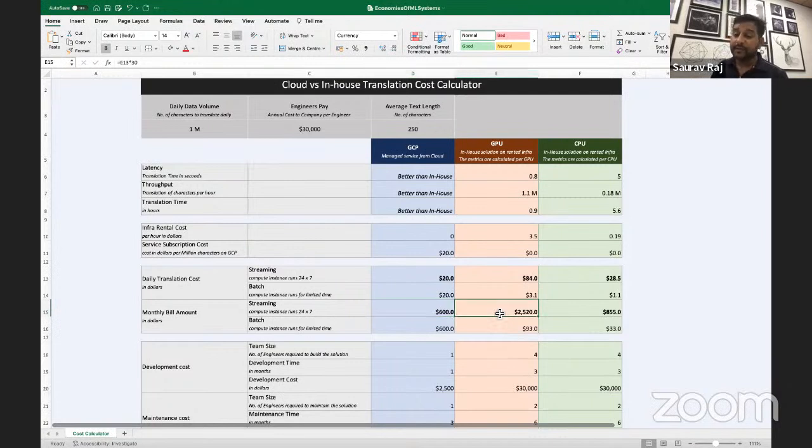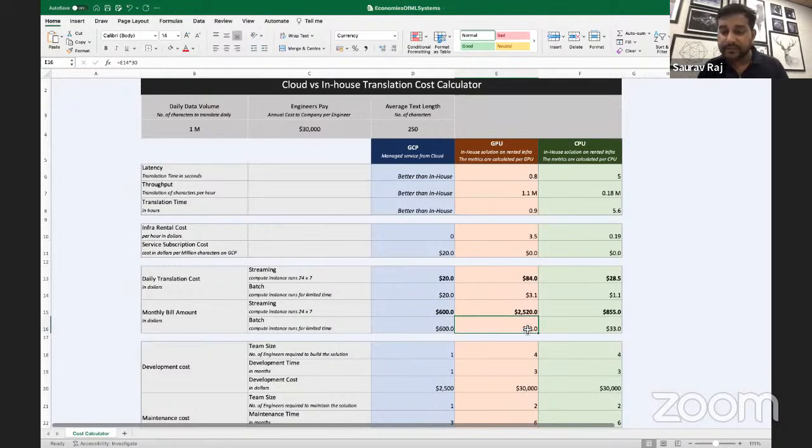It is going to be $2,500 for the solution that is developed in-house, running on GPU machines, and approximately $850 when the same solution developed in-house is running on CPU infrastructure.